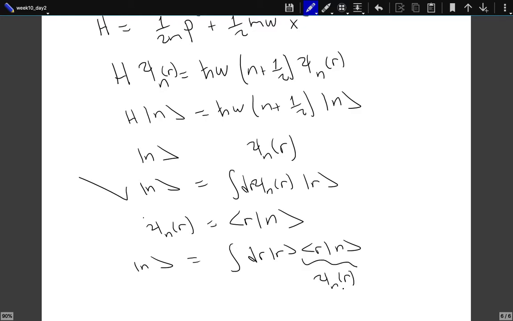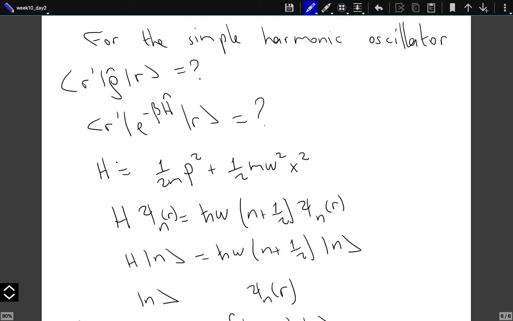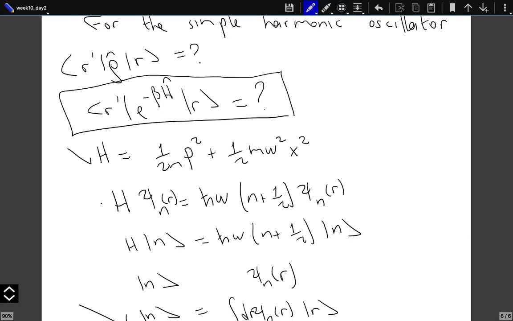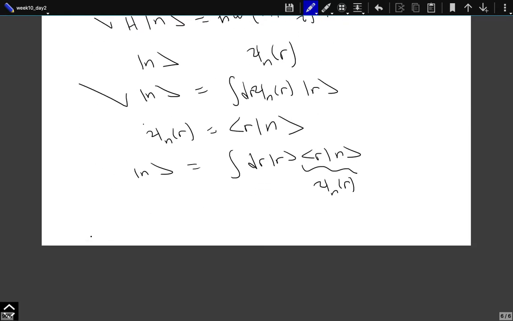Okay, so back to our initial question. We are asked to calculate this quantity. We are interested in this quantity for some reason. So we know the Hamiltonian. We found the eigenbasis, the eigenvectors and the eigenvalues. Now what? How do you proceed with that knowledge?